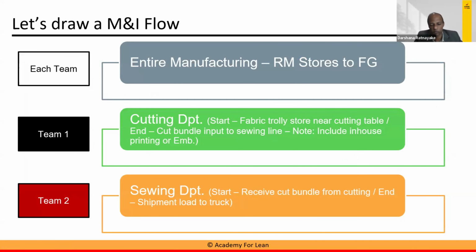Now, what will be our homework? We have a small homework. Individually, please take one department, say cutting or sewing, or from RM until fabric into the department, that means panel into the sewing.